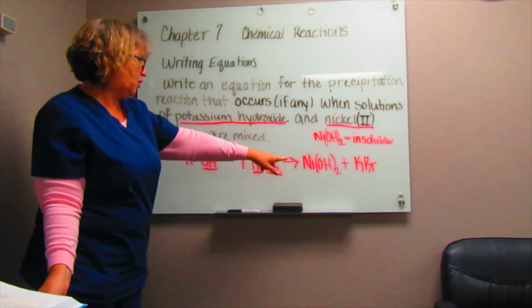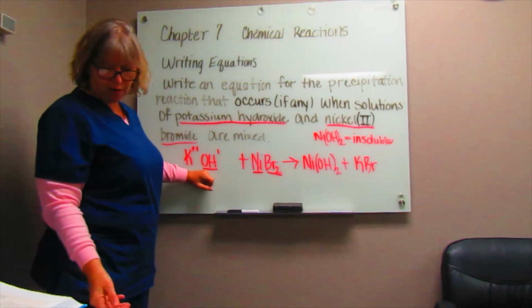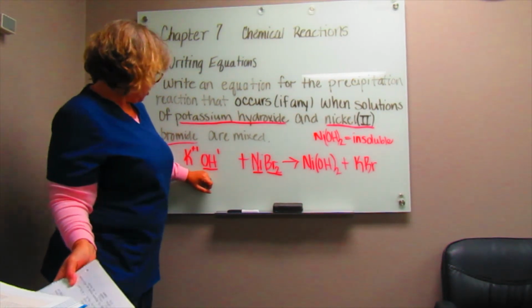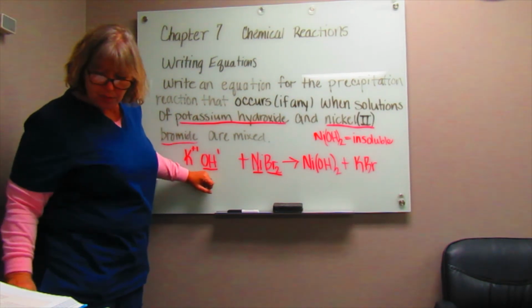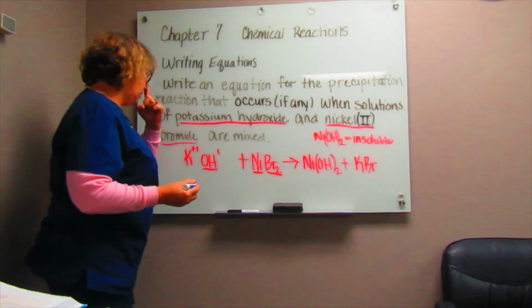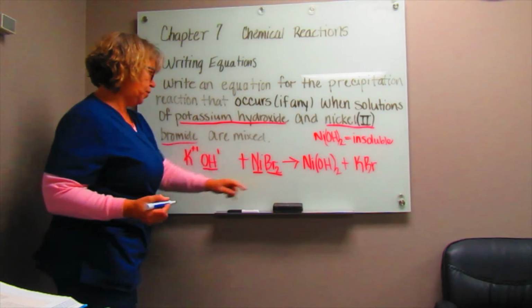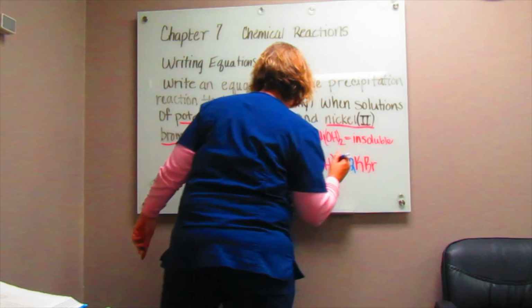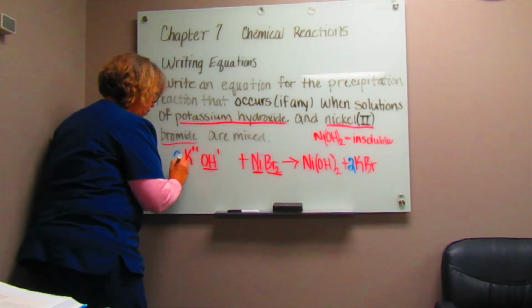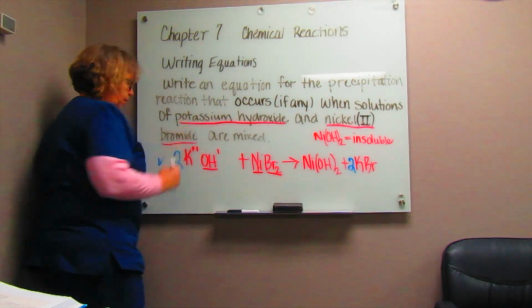So we have one nickel, 2 hydroxides, and two bromides. So we're going to put a 2 here and a 2 here and call it a balanced equation.